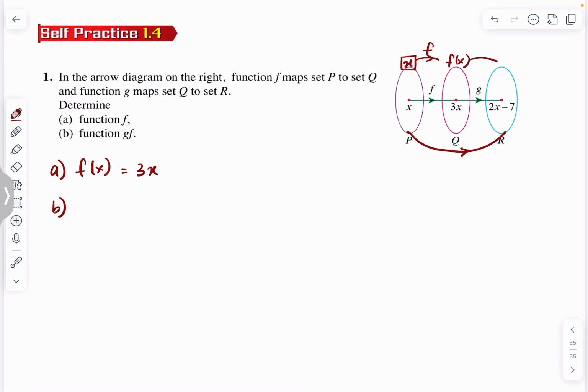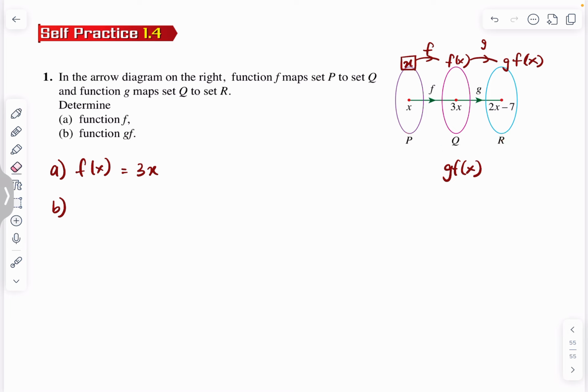Now, this is related by g. So now, this whole thing is the object. So here would be g of the object. The object is f(x), so this function is now g(f(x)). So the function gf(x) is what relates P to R. That's the composite function.